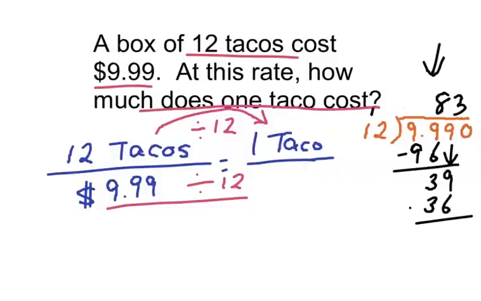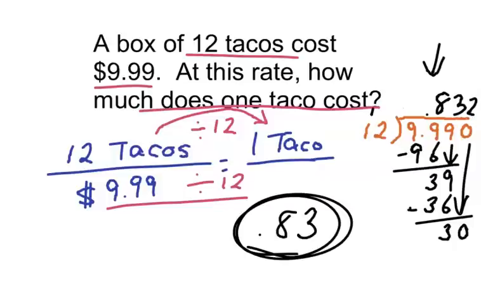Okay, and then 39 minus 36 would be 3. Bring down a 0 if we want to. How many times does 12 go into 30? Just 2 times. So basically, if we bring up the decimal up here, it's going to be 0.83. Okay, so the answer to this one is how much would one taco cost? It would be 83 cents.